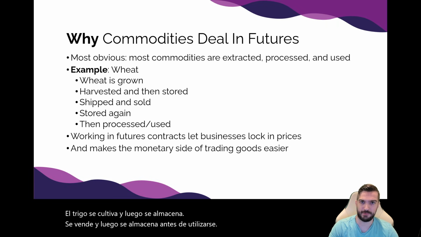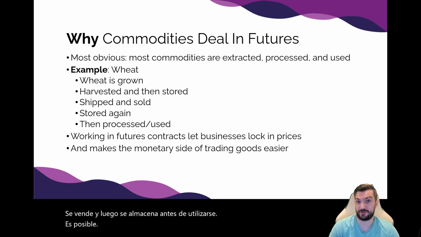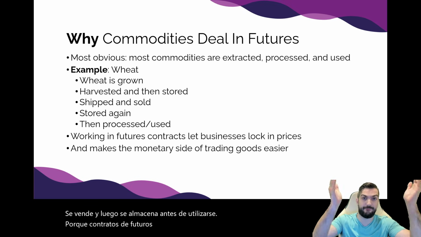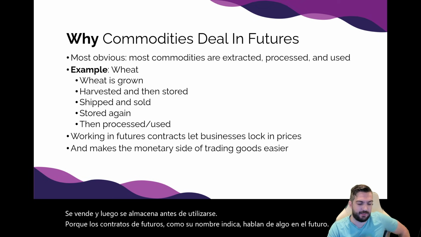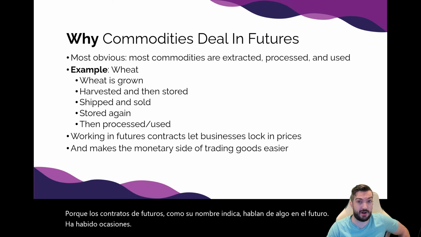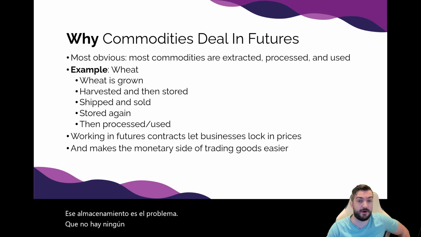It is possible because futures contracts, as the name implies, talk about something in the future. There have been times that storage is the problem, that there's nowhere to put the stuff that is coming out of the ground. And in that case, that means that there's way too much supply and not enough demand.